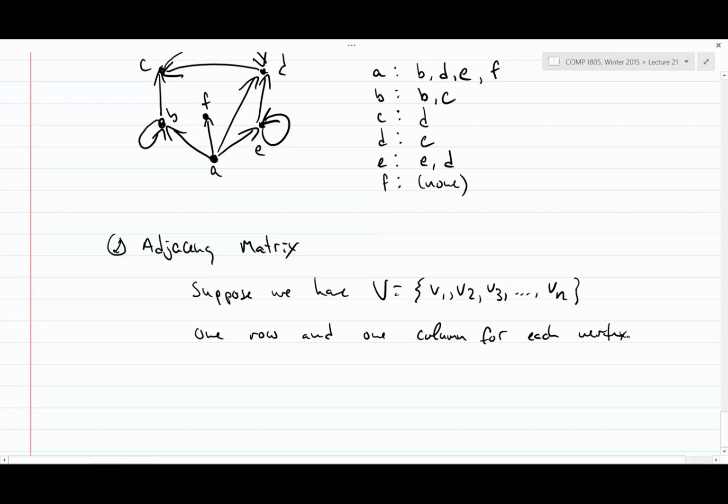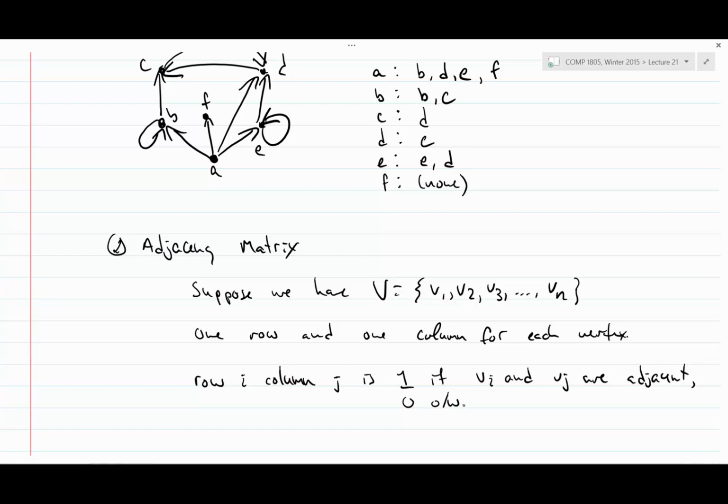And the entry at row I, column J, is 1 if that corresponding edge is part of the graph, and it's 0 otherwise. So if this is going to work, it means you need to fix some ordering on your vertices. You need to give them numerical labels.